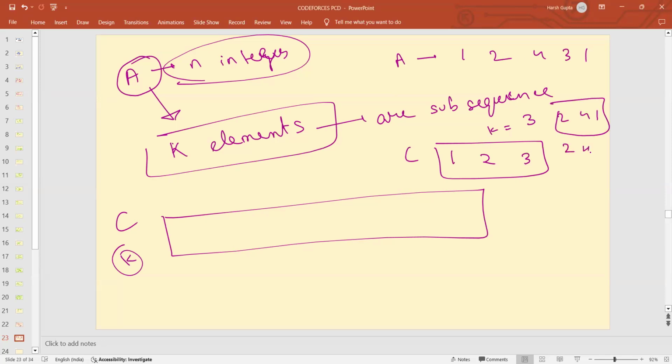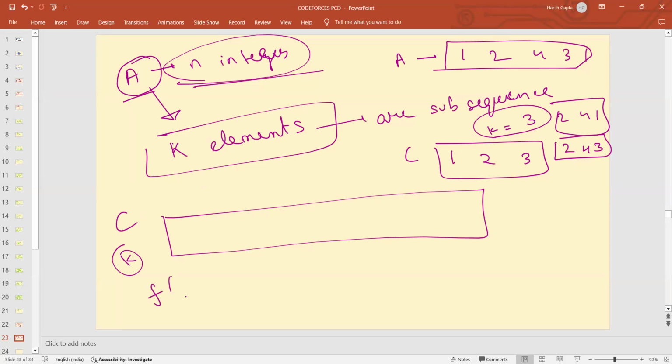You can even construct 2, 4, 3. So these are the 3-length subsequences of array A. So you are given an array A containing n integers. Out of this, you need to construct an array C of size k, where C is a subsequence of A. The question asks what is the maximum value of f of C that you can get.